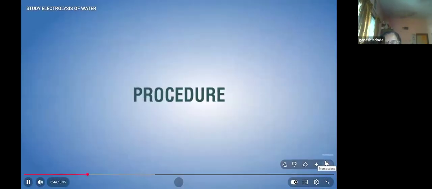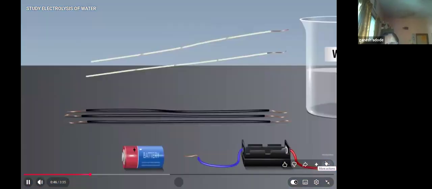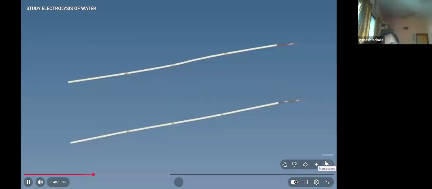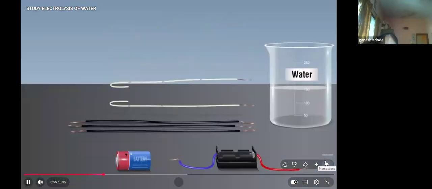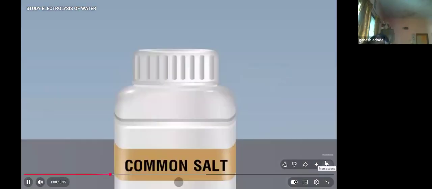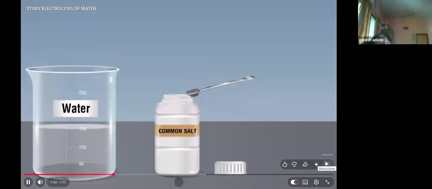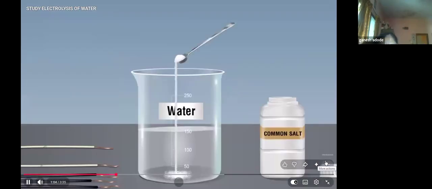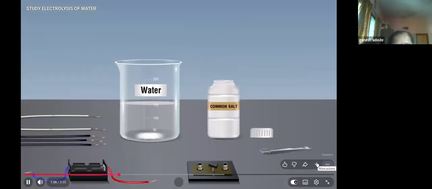Procedure: take 2 long double cotton covered copper wires and fold one end of each into a U shape. Fill the beaker about half with water. Add half a teaspoonful of common salt to the water to make it more conducting.